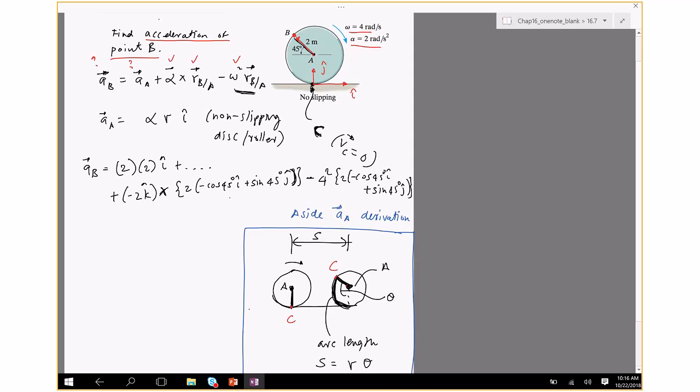And so if you simplify this, I'm going to write the final answer. You should check the final answer after doing this computation yourself. It's minus 17.31 i minus 8.49 j.